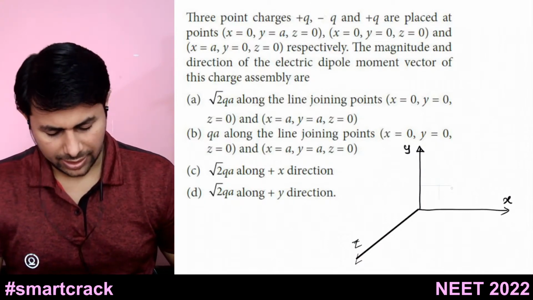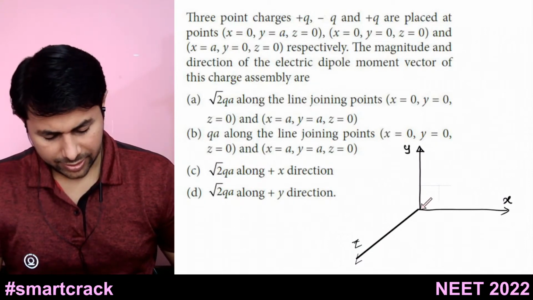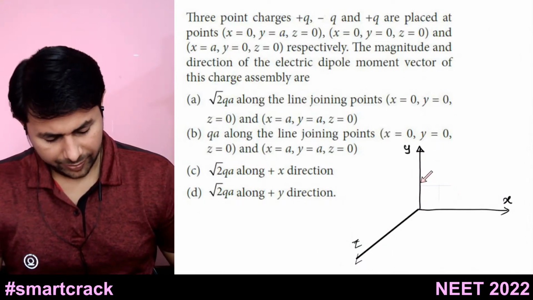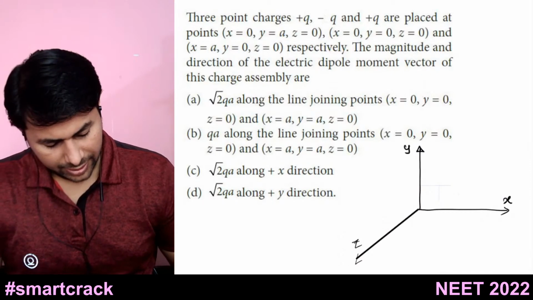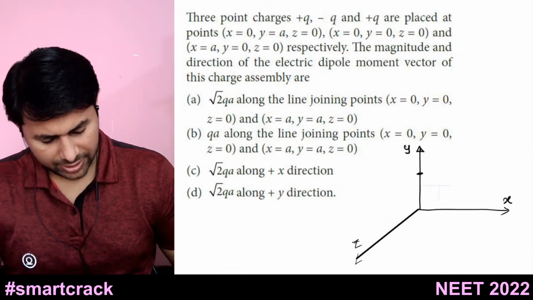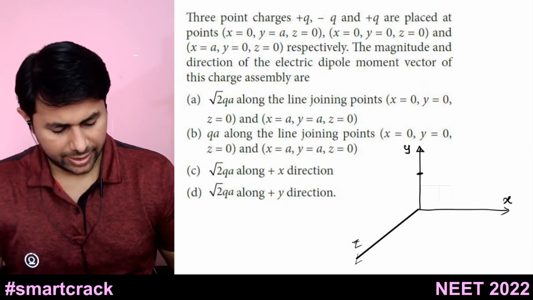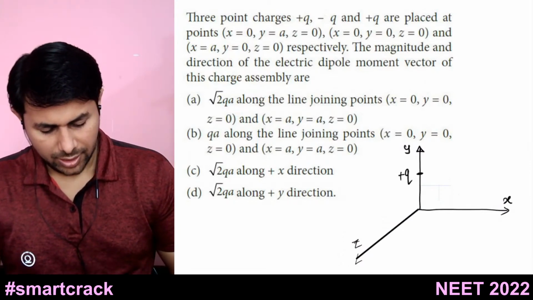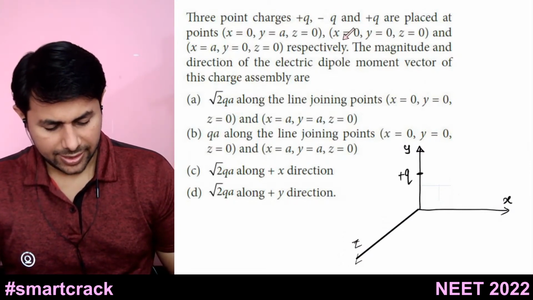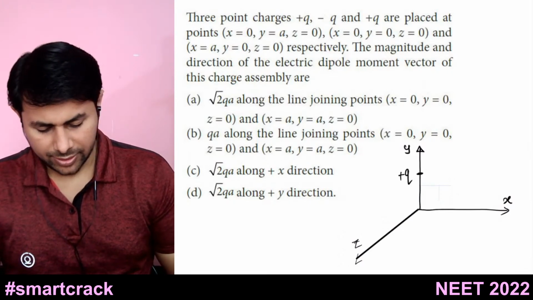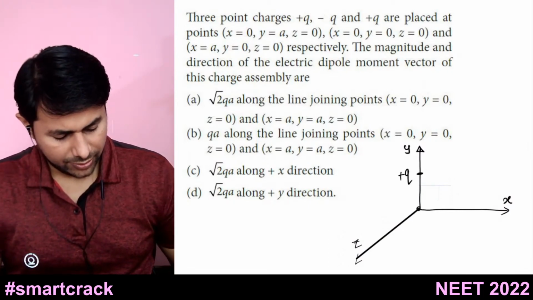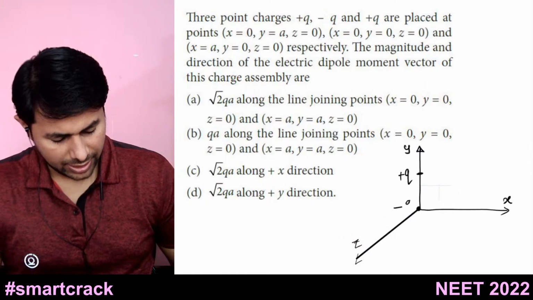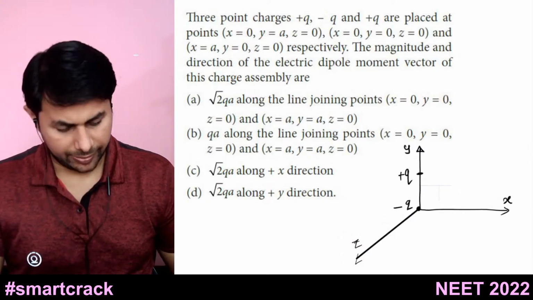So plus q is at x equal to 0, y equals to a. Let's say my distance is a, and z equals to 0. So this is plus q charge. Then minus q is placed at x equal to 0, y equal to 0, z equals to 0, so that is your origin. So this is charge minus q at the origin.